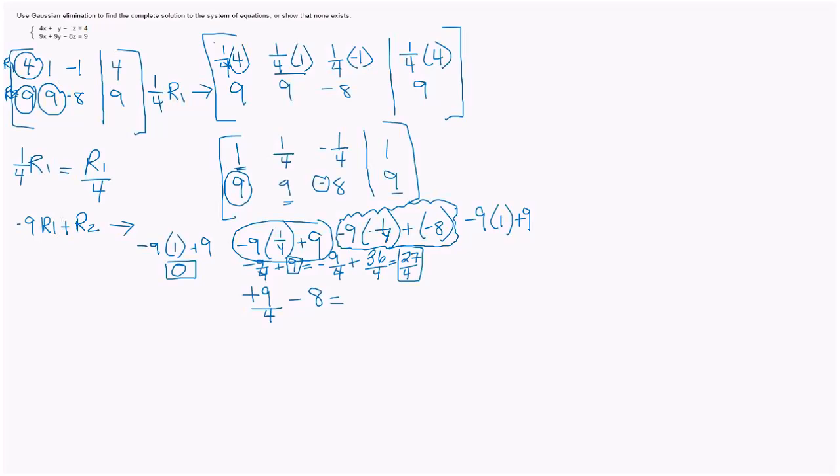So I can't add those together unless my denominators are the same. So I'm going to leave 9 over 4, but I'm going to multiply 8 by 4 to figure out what the equivalent fraction is for 8, and that's going to be 32 over 4. So 9/4 subtract 32/4 is going to be 9 subtract 32 equals negative 23 over 4. And that's going to be in my third position.